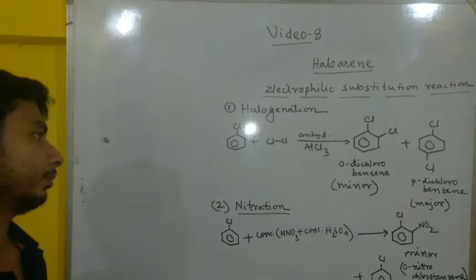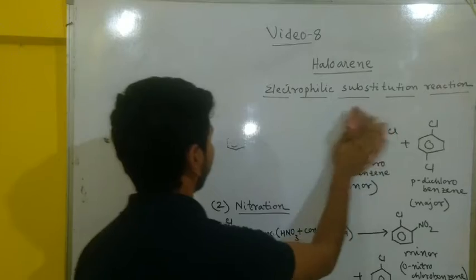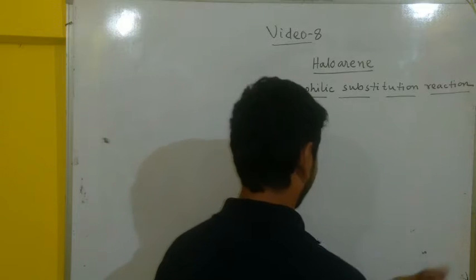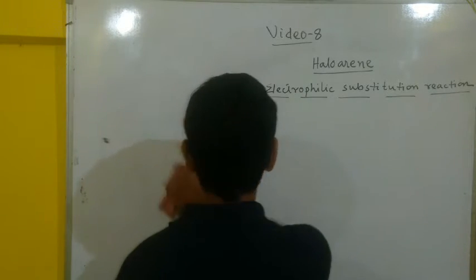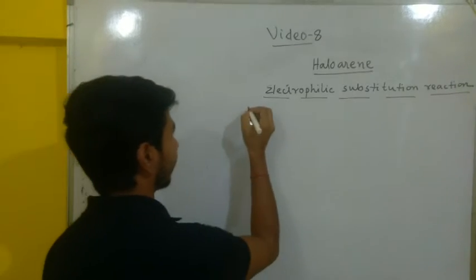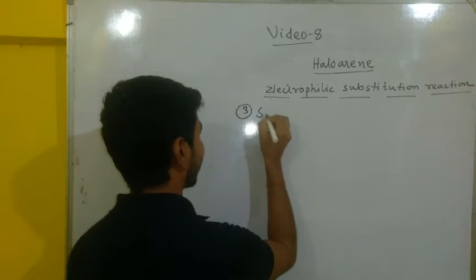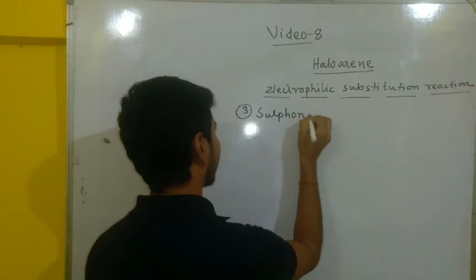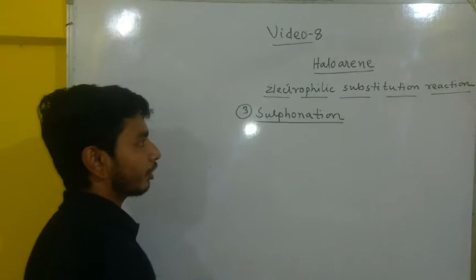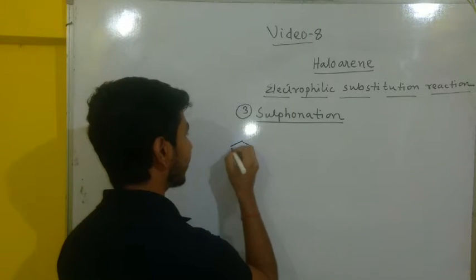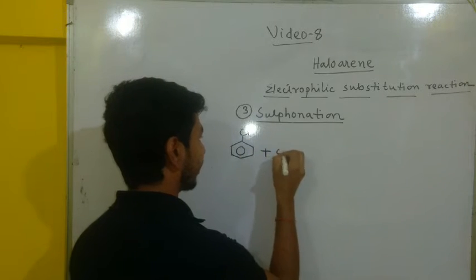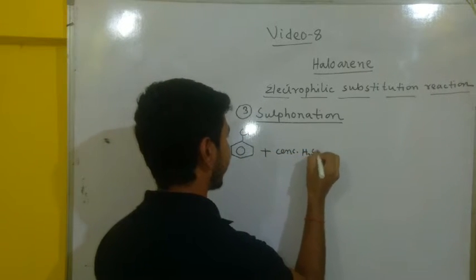Next reaction, sulfonation reaction. So chlorobenzene, sulfonation reaction reagent is concentrated sulfuric acid.